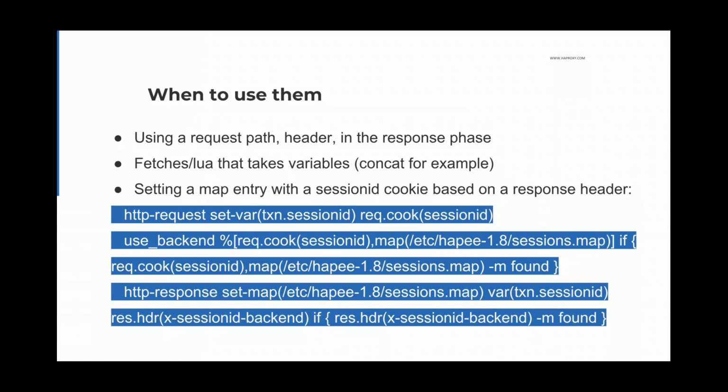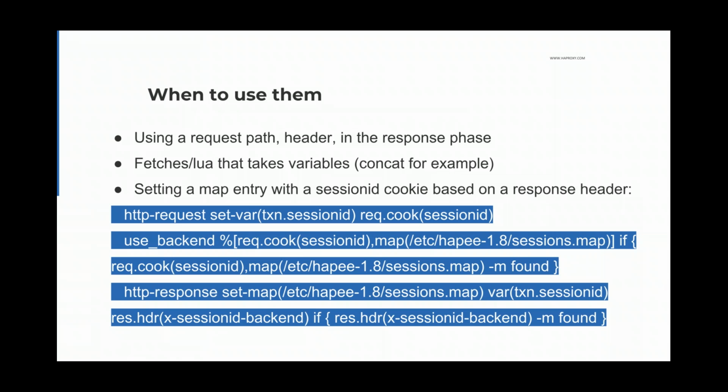You will generally not need to run into variables unless you're doing very complex things, like checking the cookies or path on a response backend in a response phase that were only available in the request.